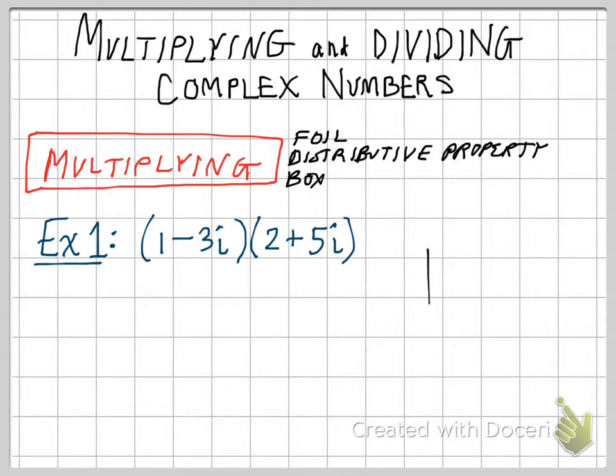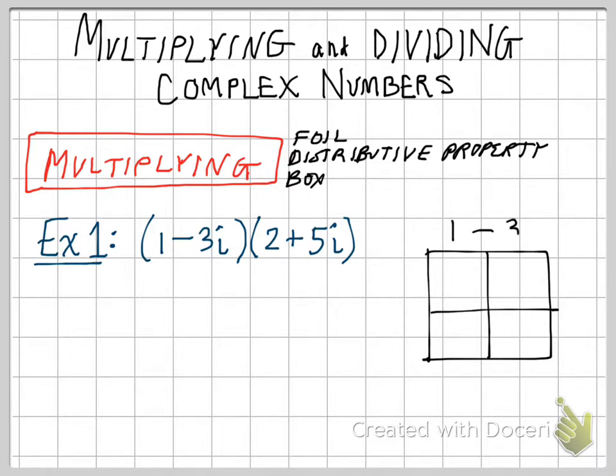So if I'm using the box here with this first example, the idea is I can set up 1 minus 3i times 2 plus 5i, and then just multiply in to each box. So I get 2, negative 6i, 5i, and I get negative 15i squared here.